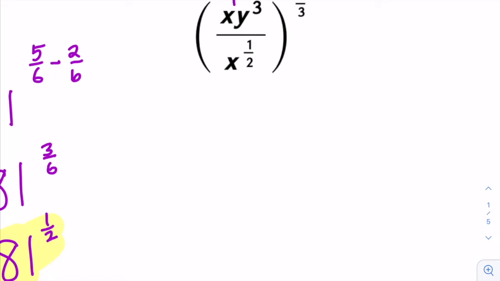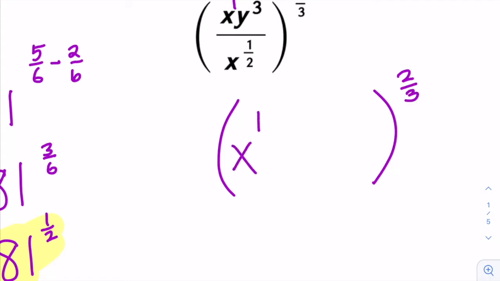So we see an x to the 1 on the top and an x to the 1/2. So remember, when we have division, a quotient, we're going to subtract the exponents. So I'm going to still keep this raised to the 2/3. I'll worry about that in a second. But we know we're going to have x to the 1 minus 1/2. We're going to subtract these exponents. And I'll still keep the y to the 3rd here.